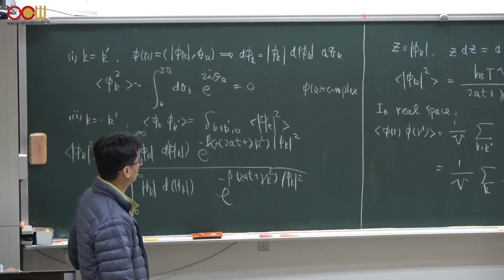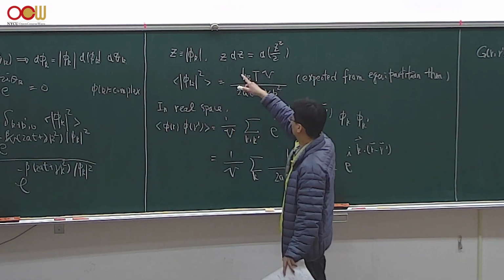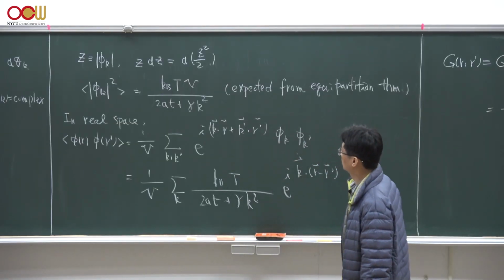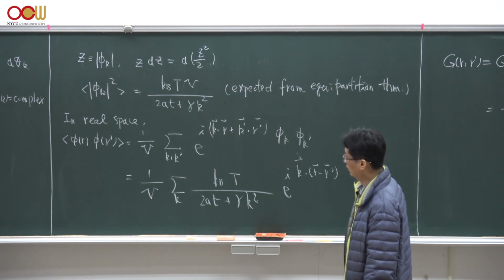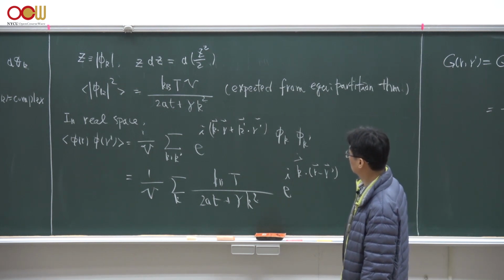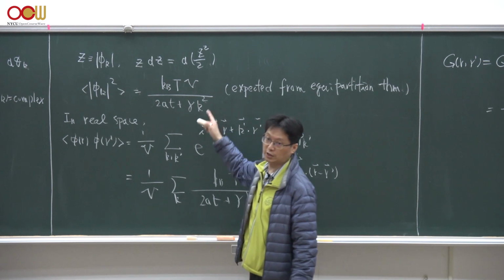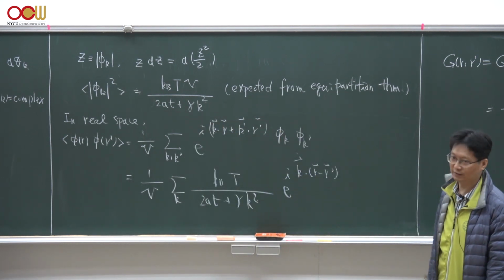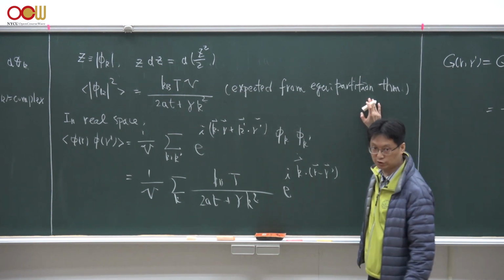We could take advantage of this Gaussian integral, and you could define this variable z, which is the magnitude of phi k, and use a change of variables from d magnitude of phi k to dz or dz square. Then you could easily check that this integral gives you precisely the same form as we obtained by a shortcut, which comes from the equipartition theorem.